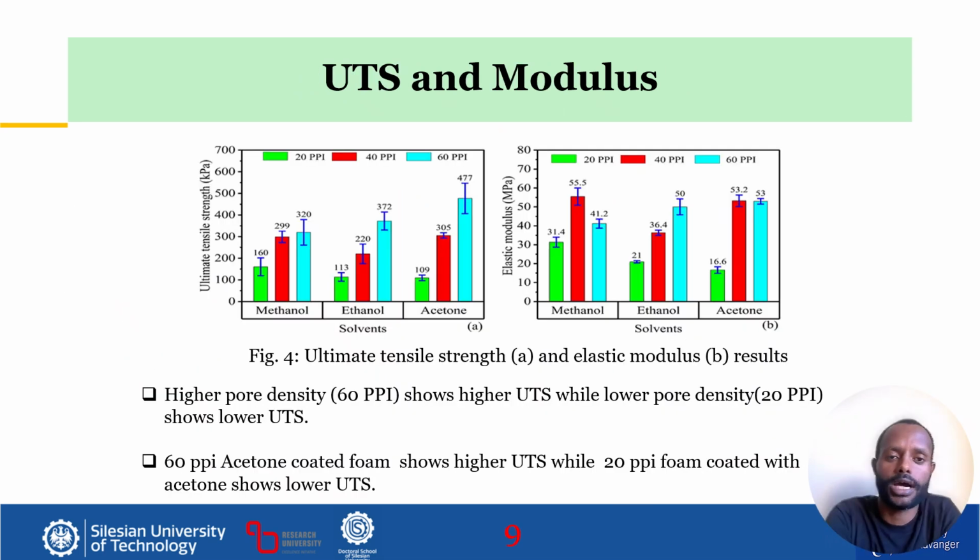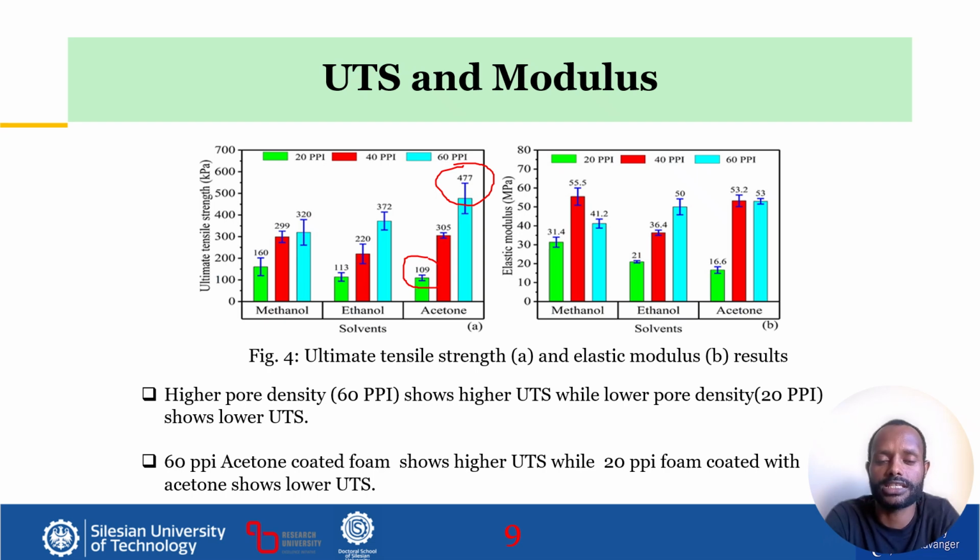When we come to ultimate tensile strength and modulus in this bar chart, the highest ultimate tensile strength is observed in 60 ppi, which is 477, and the lowest is observed with the form with lower pore density. The reason is that in 60 ppi we have a lot of finer cells.